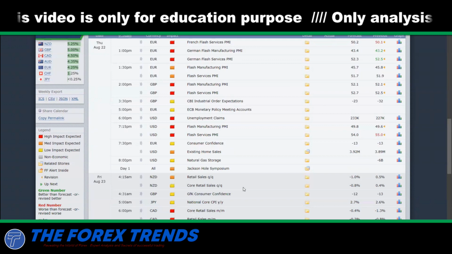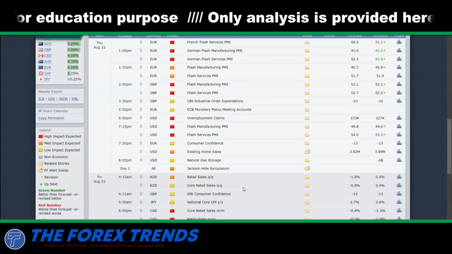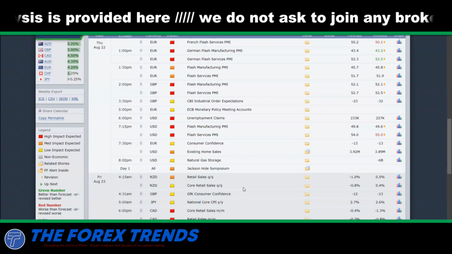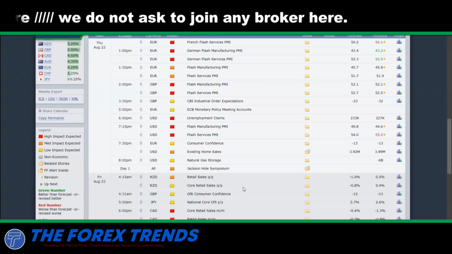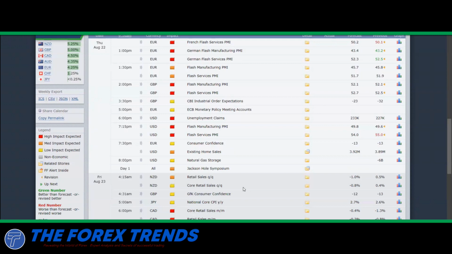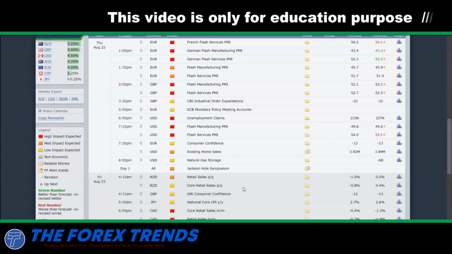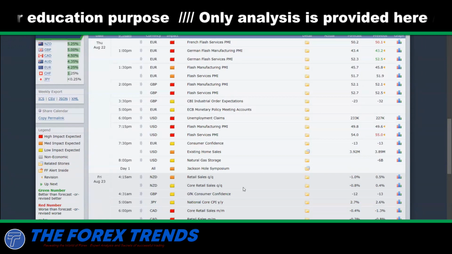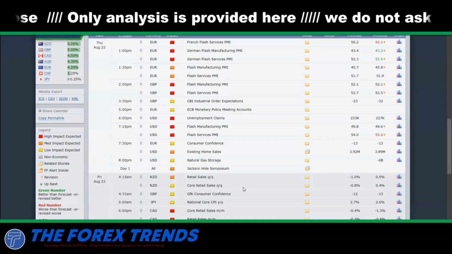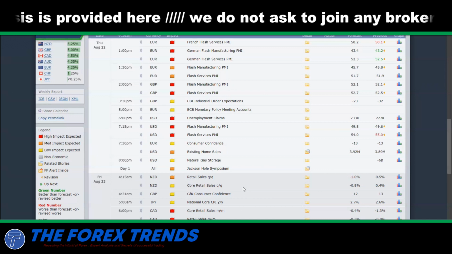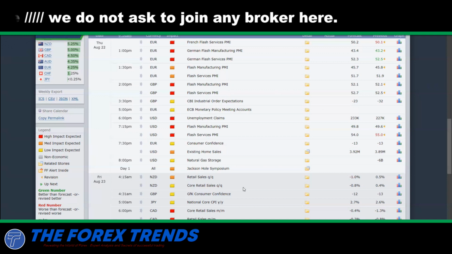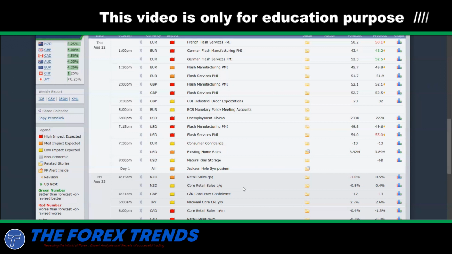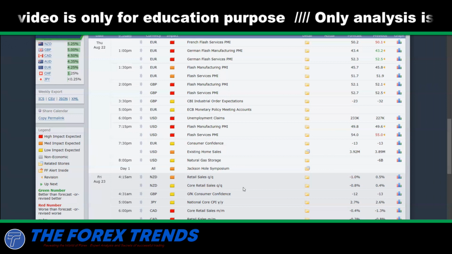It is an international conference because central banks all participate, and they will discuss the current situation of the economy and the need for further policy tightening or policy softening. So all traders have their eyes on this event this week.